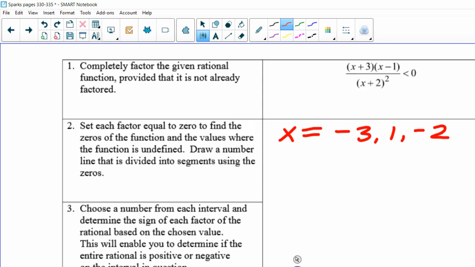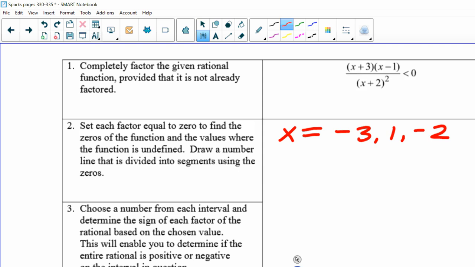Before we go any farther, do any of those critical numbers make this rational function undefined? -2 does, because -2 makes the denominator 0. So at x equal -2, we know our function's undefined. Is there going to be a hole there, or a vertical asymptote?